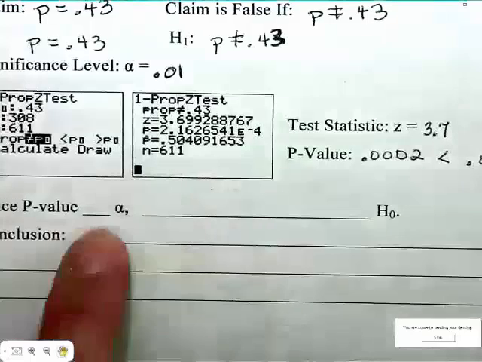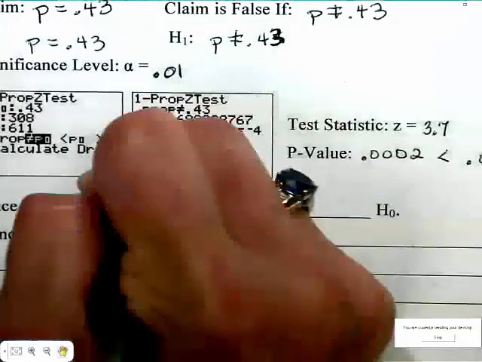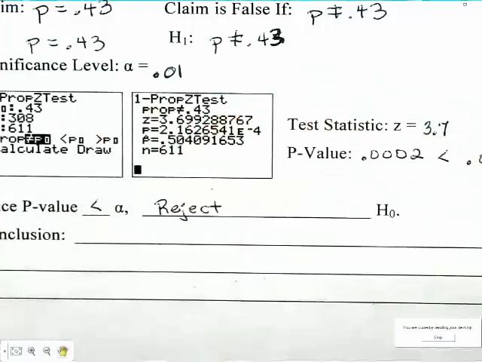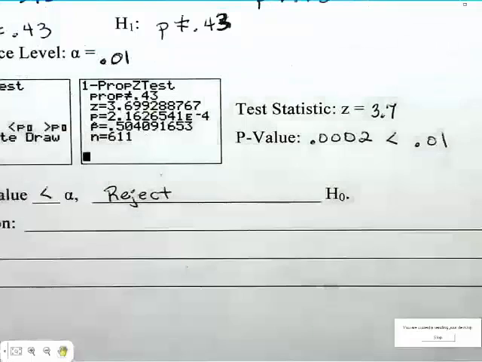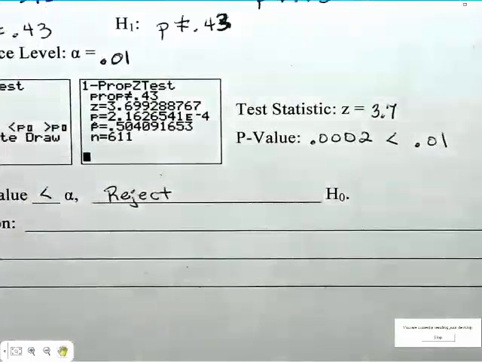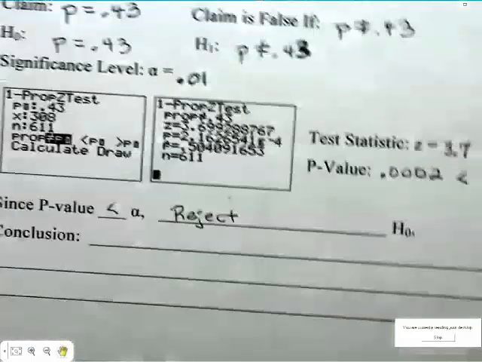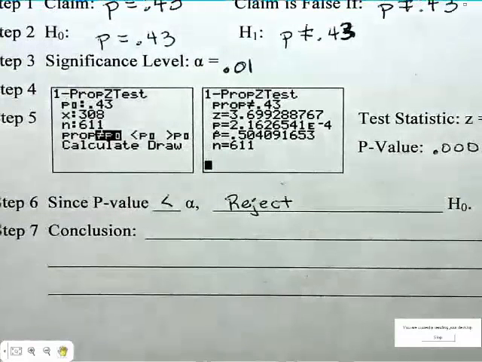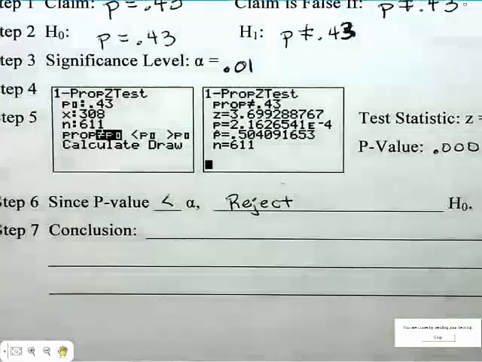It's less than alpha, so does that mean reject or fail to reject? Reject. The significance level, which was 0.01. Correct. So that means reject the null, and reject the null always, always, always means what?